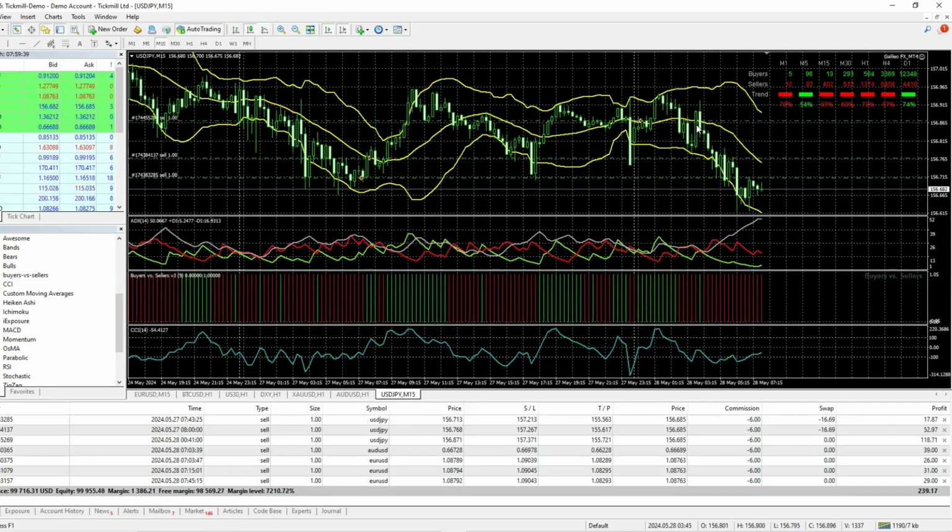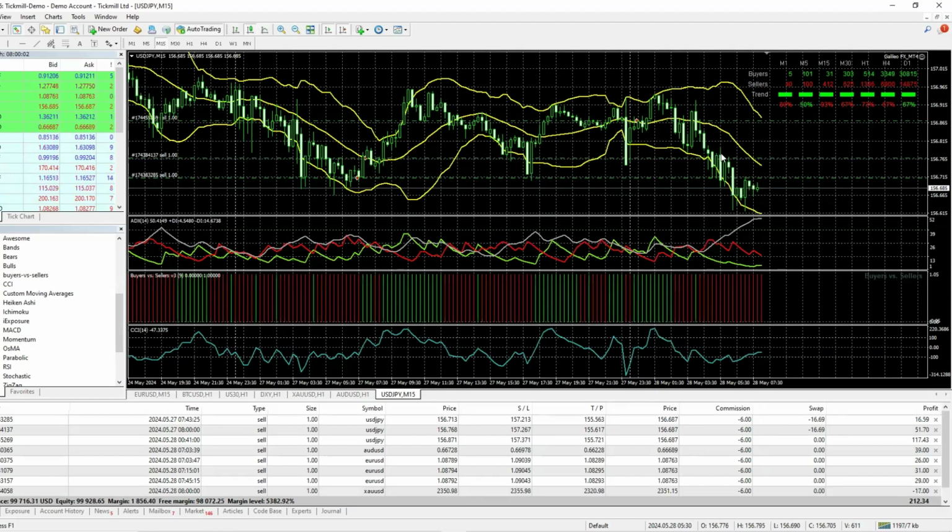So if you see spikes below the middle band, that is a sign that the value is lower than the price, or the price is lower than the value. So you can see here that the candles are all underneath the middle band. So this is a pretty good downtrend, right?